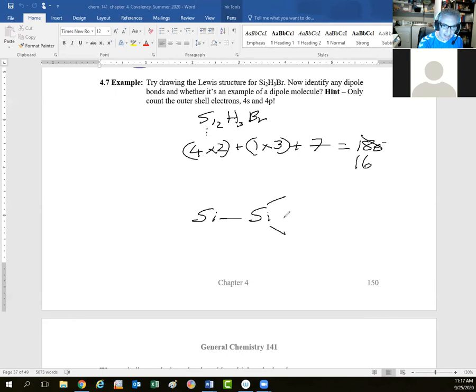We'll use the remaining electrons to connect the other atoms to the central pair. So 2 bonds for each of the 2 silicon atoms. That uses another 2, 4, 6, 8 electrons. This takes us down to 8.